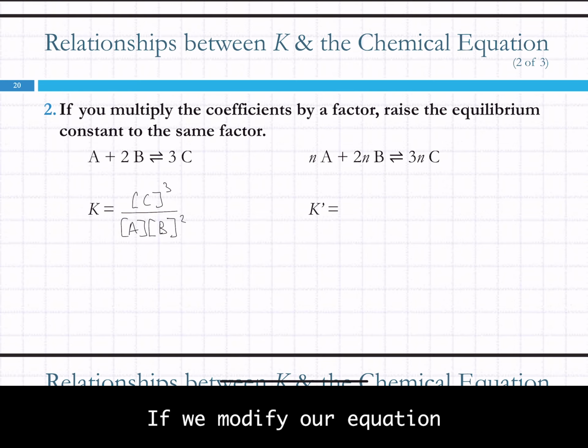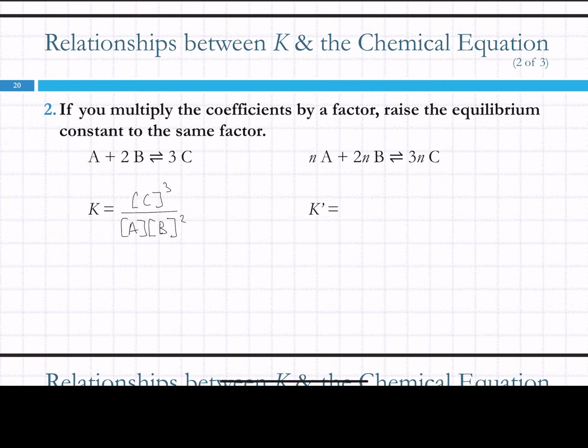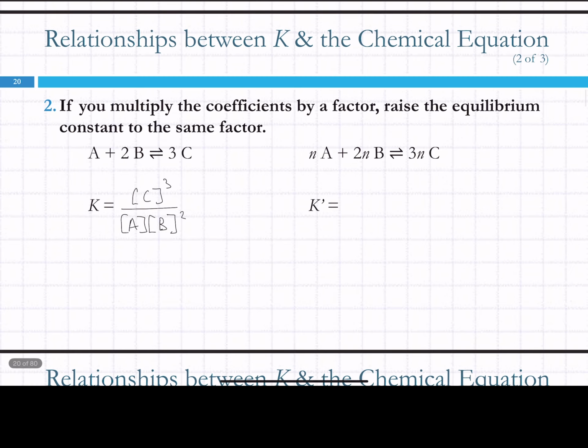If we modify our equation and multiply every coefficient by some factor, this would be C, it is just 3N, A to the N, B to the 2N.